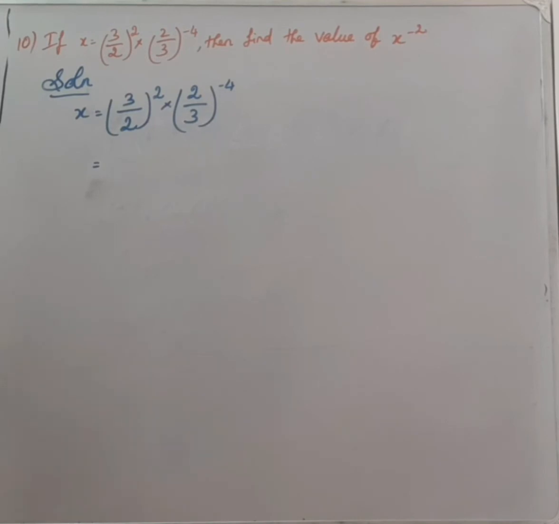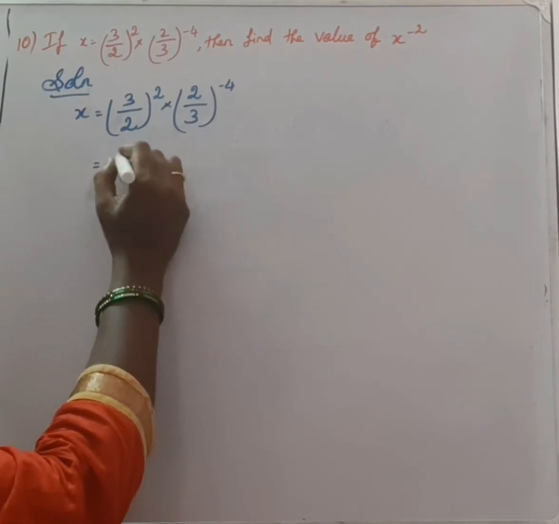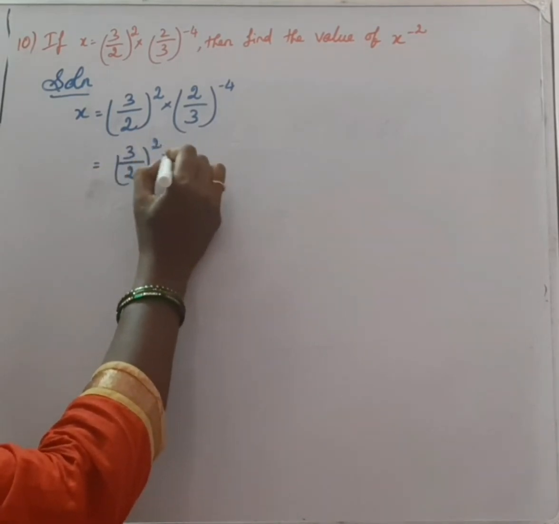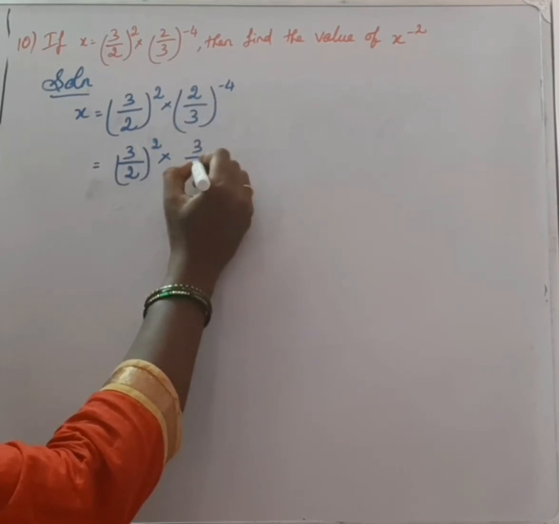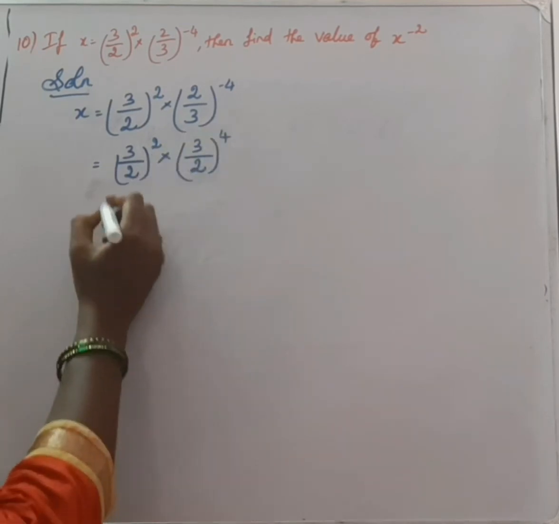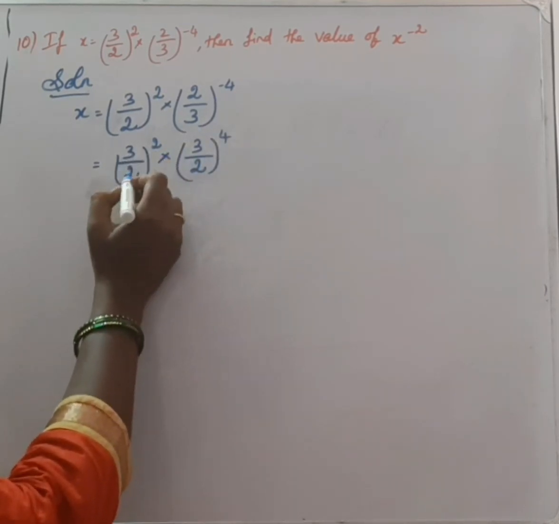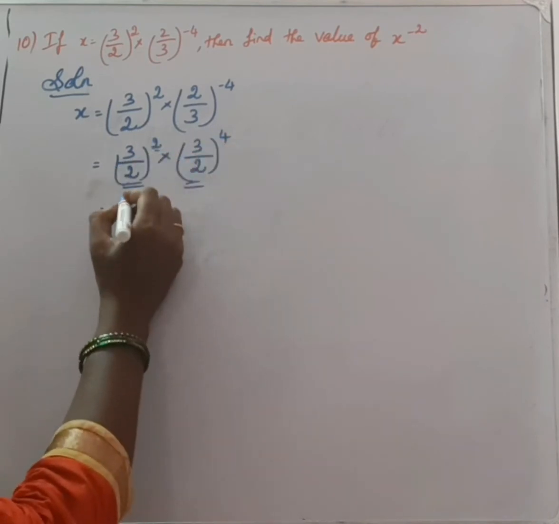Okay. Now, first step is, first we want to convert a negative power to a positive power. So what do we get? (3/2) to the power 2 into, it becomes a reciprocal, so (3/2) to the power 4. Now here both the bases are same and the powers are different.